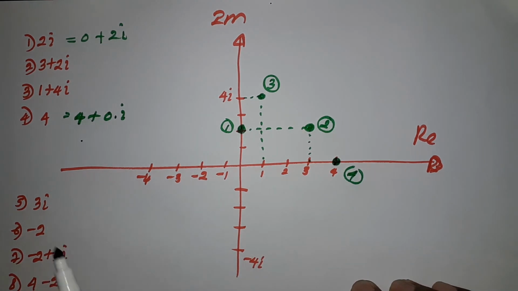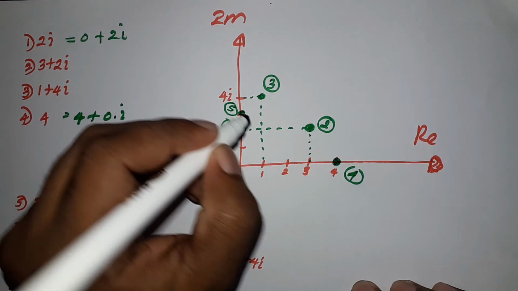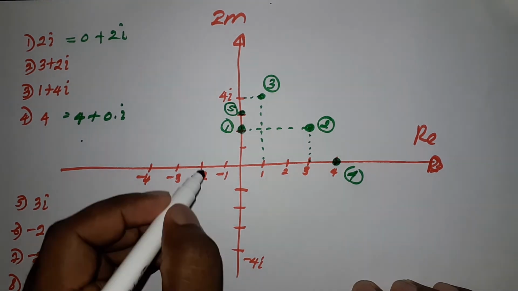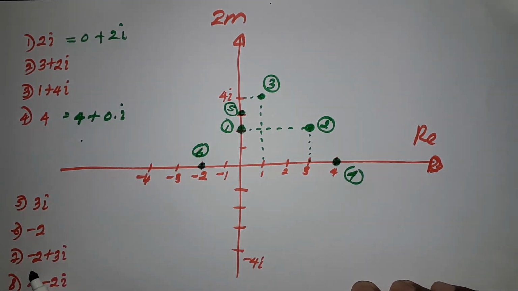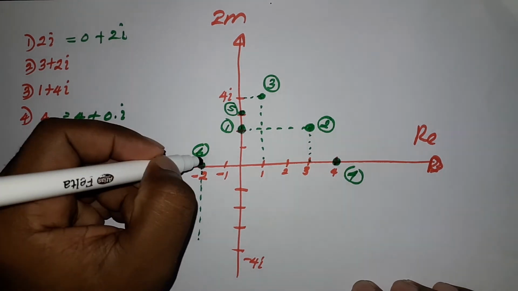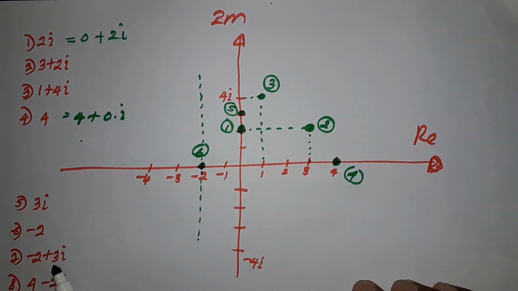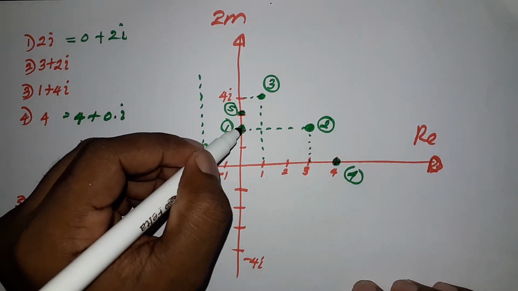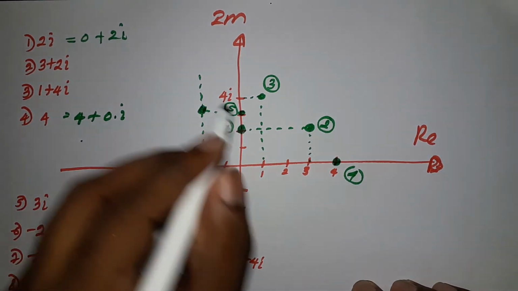And then I have 3i, which is 5, and I have -2, which is 6, and then I have -2 plus 3i, which is, if I extend this line this way, plus 3i, which is i, 2i, 3i right here. That is the 7th number.